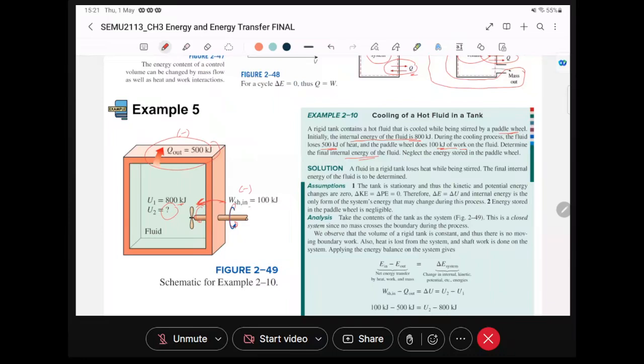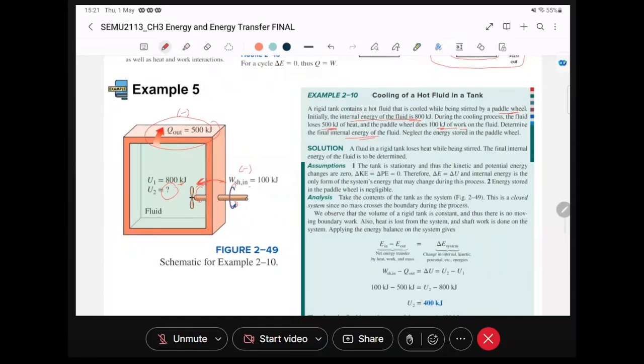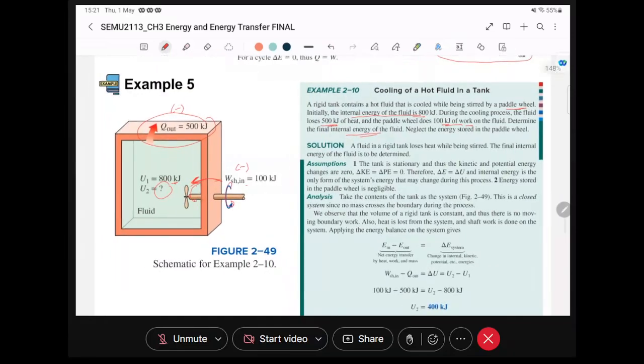When you look through an example like this, you always notice that the first thing is assumption, because in the engineering field, there's always assumption that we are making. In this case, the most important assumption is there is no change in the kinetic and potential energy in the system.